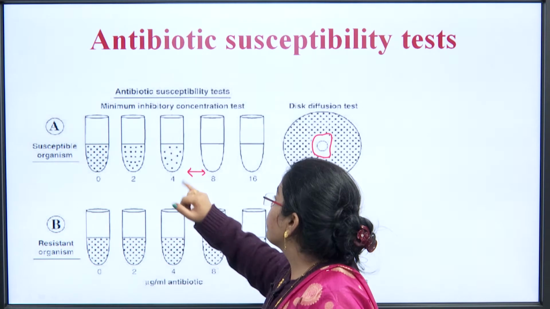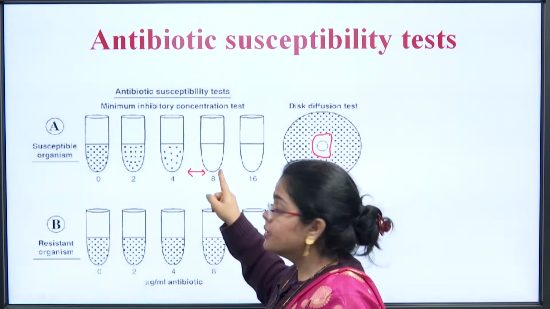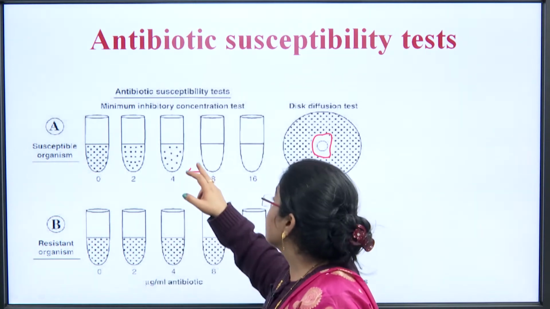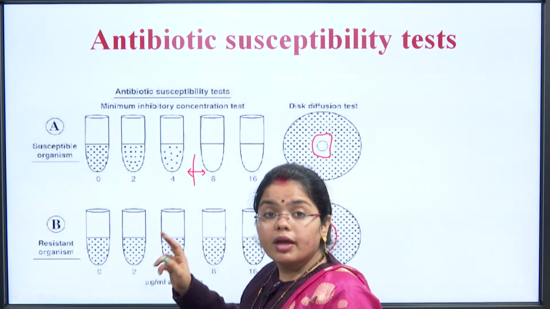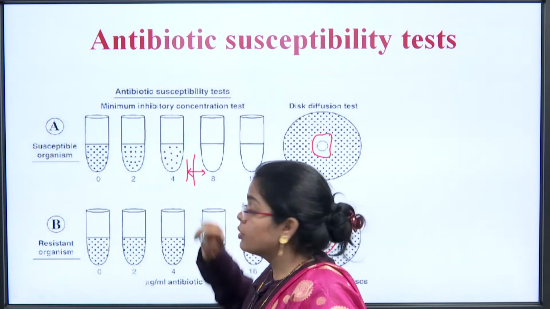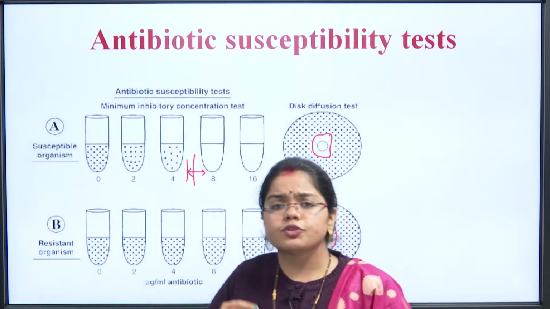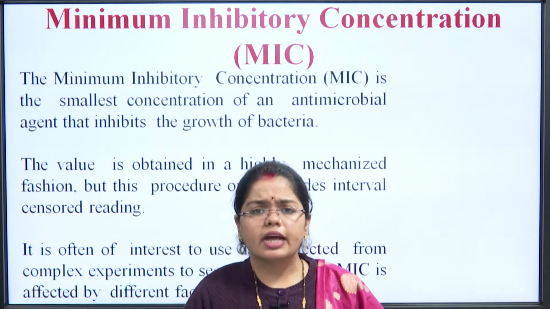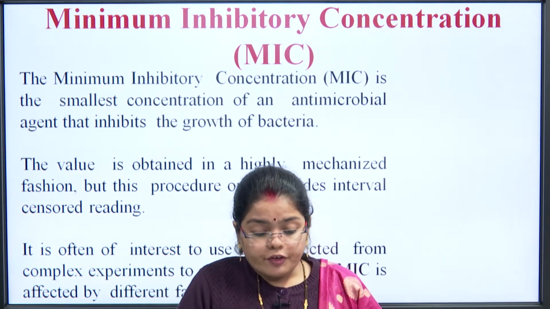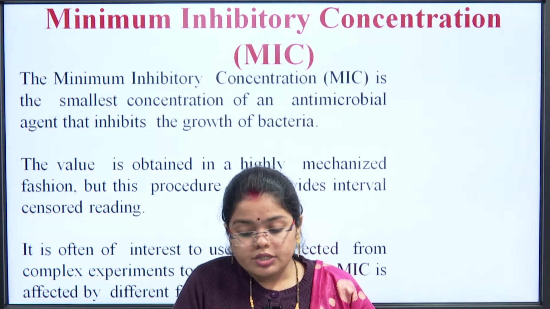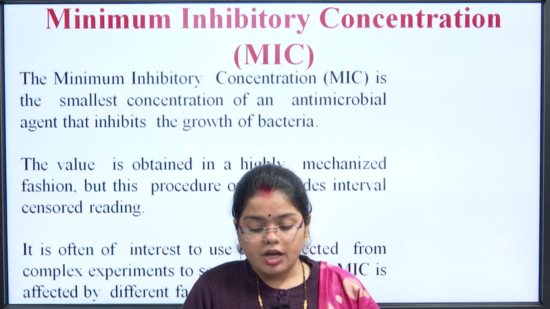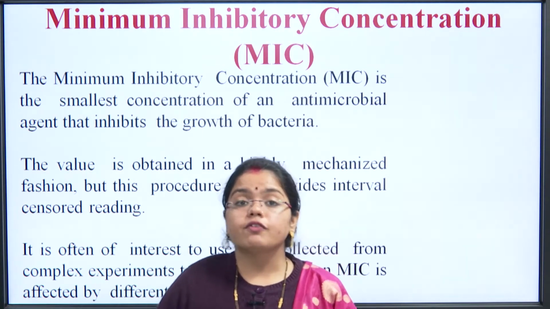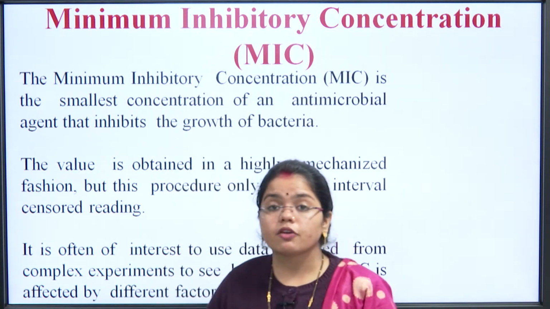Maybe the inhibitory concentration could be in between, maybe near to this one; a slight increase in this concentration would have inhibited the growth. So it is not that appropriate, it is in a mechanized fashion. It is often of interest to use the data collected from the complex experiment to see how the mean MIC is affected by different factors. So we consider different factors to find out if the MIC is being affected by them or not.